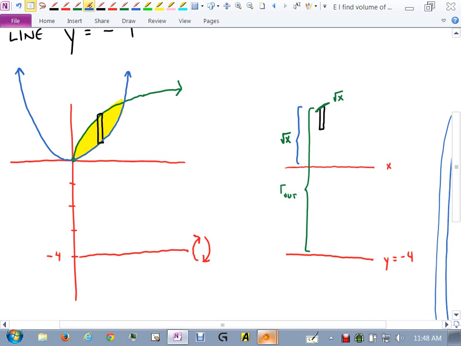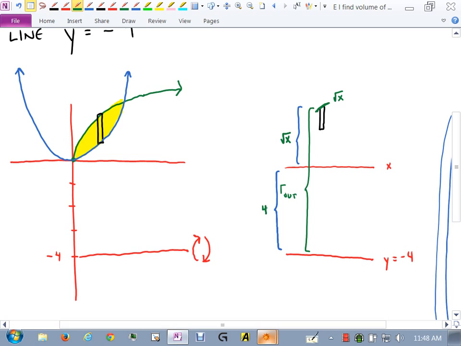But what's the distance from here to here? 4. And it's a distance, right? It's an absolute value. It's a magnitude, isn't it? It's how far away that thing is. And really, at the end of the day, it doesn't matter even if you put a -4 because you're going to square it.